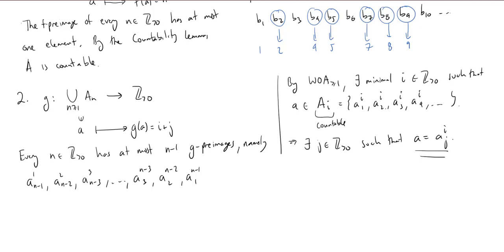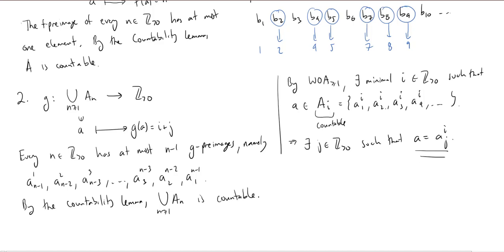But it doesn't matter. If it's smaller than n minus 1, we don't care. So the point is, this is a finite set of preimages, and therefore, by the countability lemma, the union is countable.